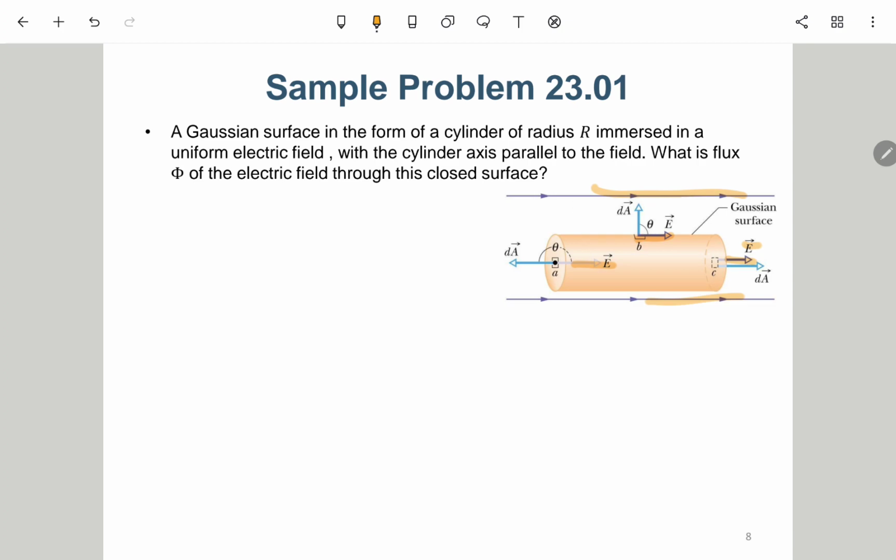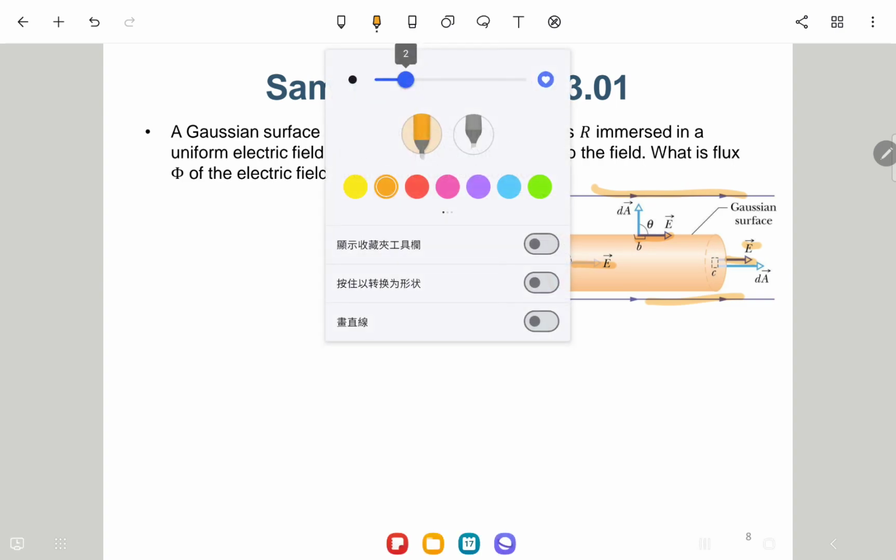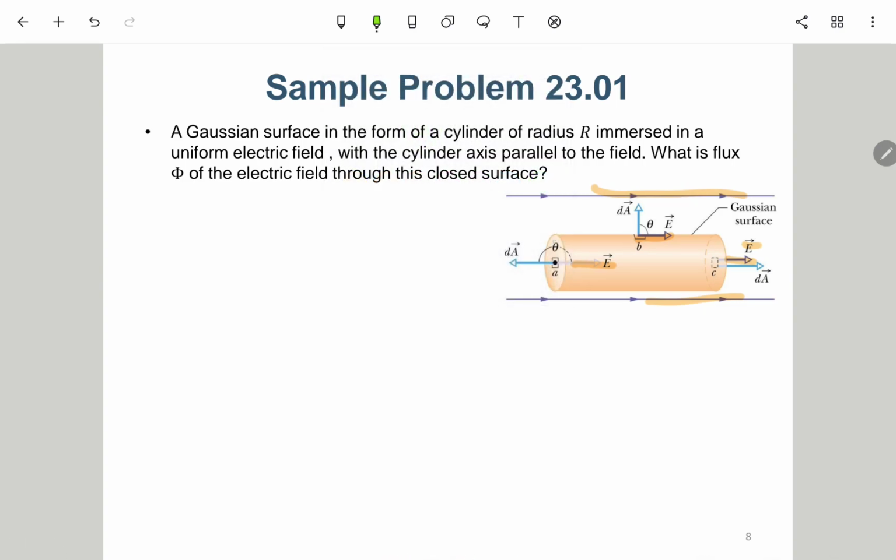Okay, what is the flux phi of the electric field through this closed surface? Here for the cylinder, we can actually separate it into 3 parts. This is one part, this is another part, and the side will be the third part. So we would like to calculate one by one.